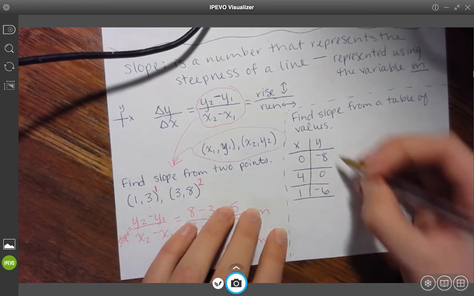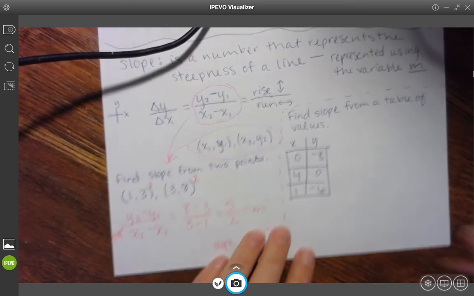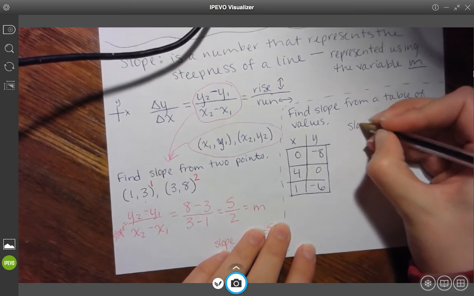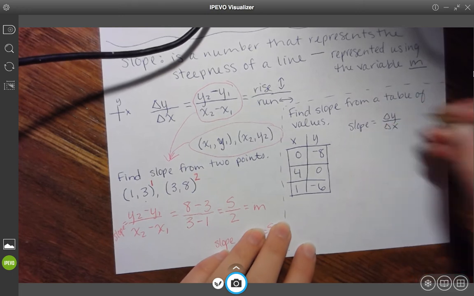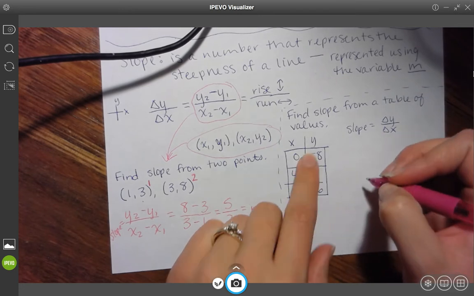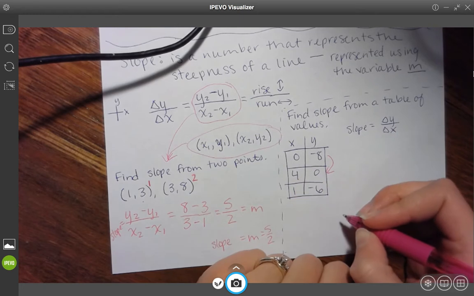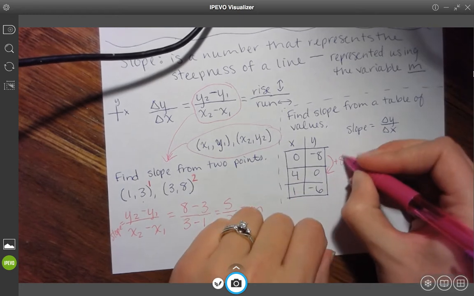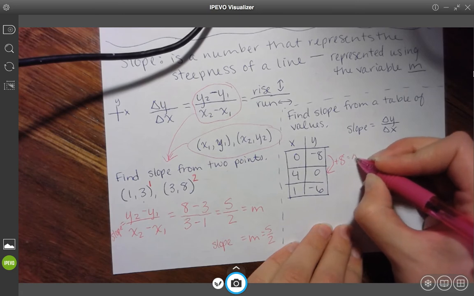Okay, so to find our slope here, you have to remember that slope equals change in y over change in x. So what I'm going to do is look at my y's. How do I get from -8 to 0? Well, I have to add 8. So that would be my change in y.